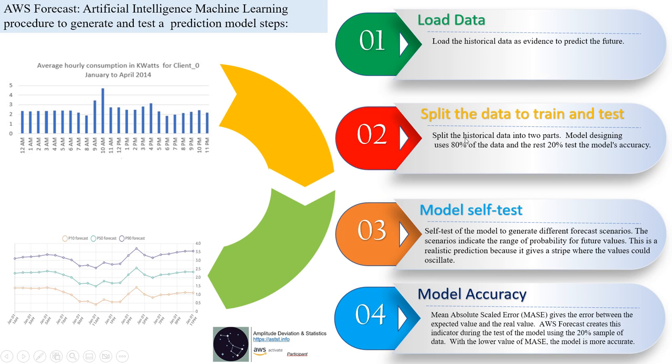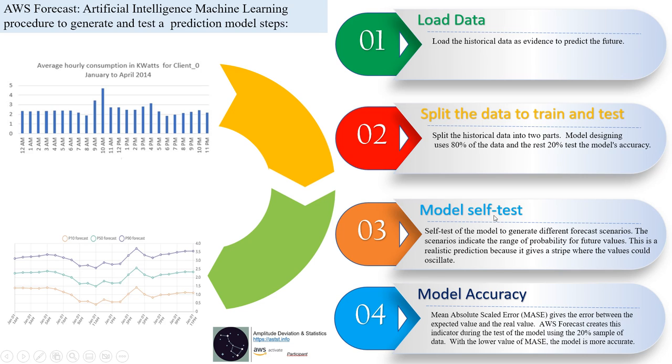The model will automatically split the historical data into parts. The model design will consume 80% of the data, and the remaining 20% of the data will be used to evaluate how accurate the model designed by AWS Forecast is.